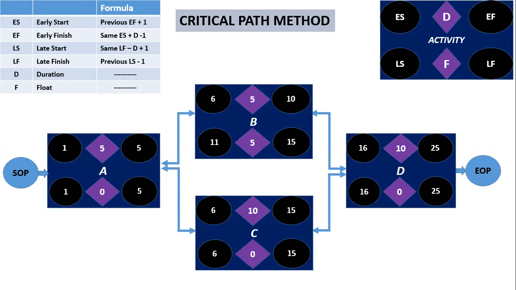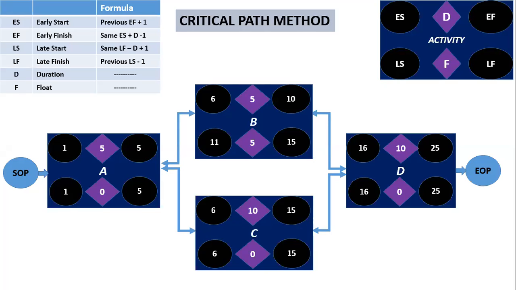Then what is the early start of activity A? 0 plus 1, that is 1. Then what is the early finish of activity A? 1 plus 5 is 6, minus 1 is equal to 5.